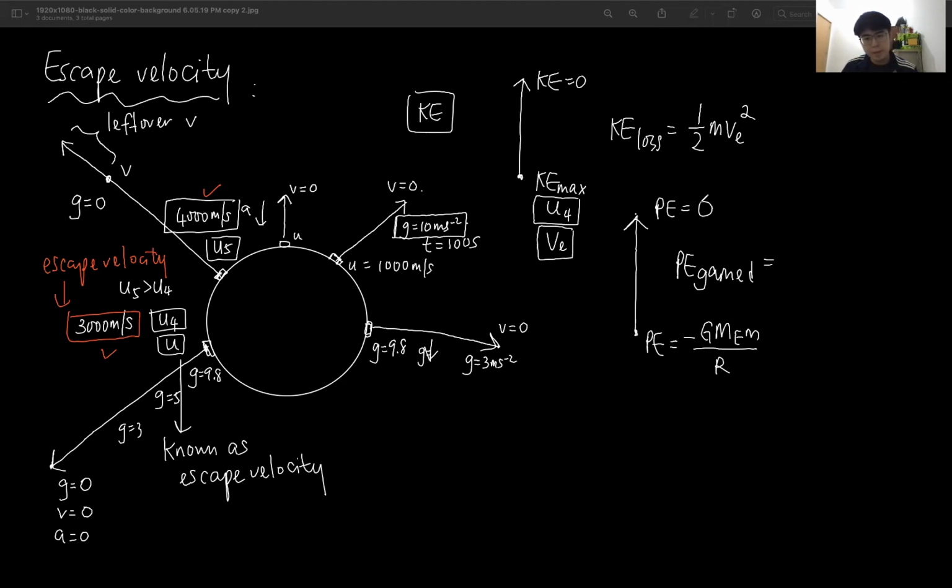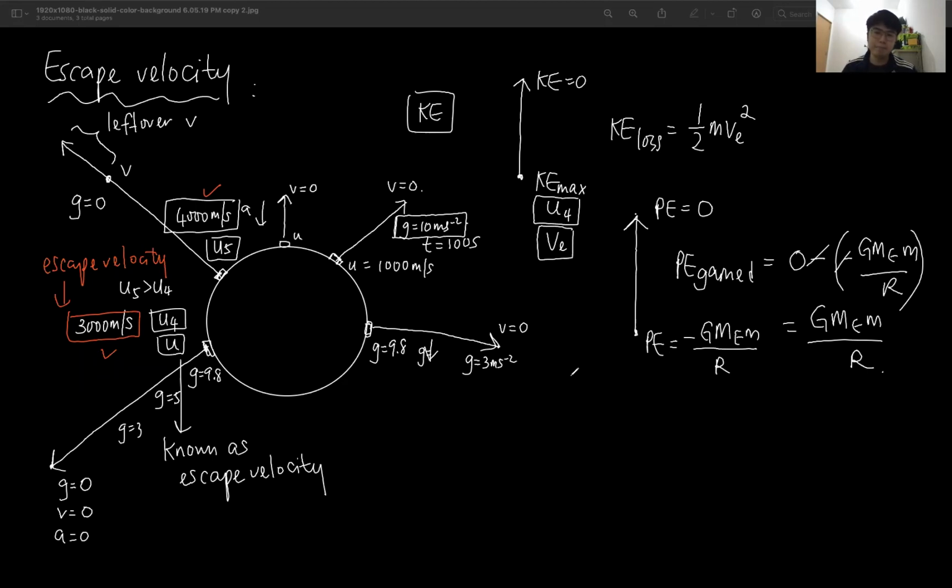We take larger minus smaller. So 0 minus negative G M_E m over R. You can see that the minus signs cancel out, so we only have G M_E m over R. This is the PE gain, and this is the KE loss.